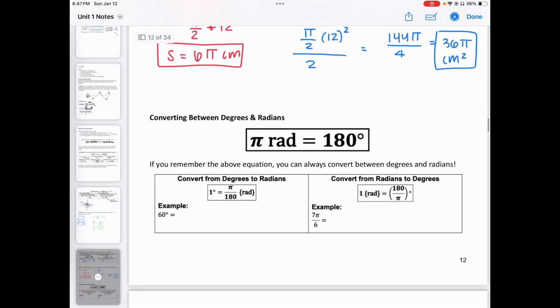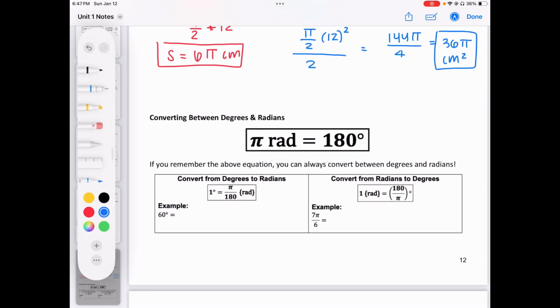Now, if you want to convert between degrees and radians, the conversion is right here. 180 degrees is equal to pi radians. Okay, so if you're converting between the two, you can stack them as a fraction depending on what you need in either direction.